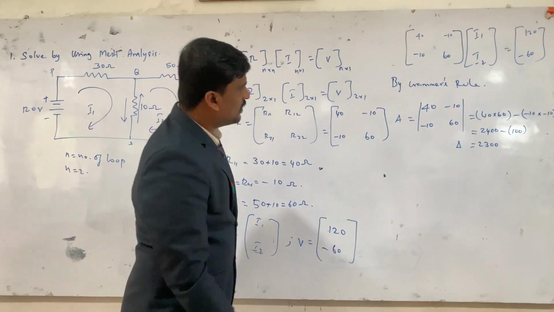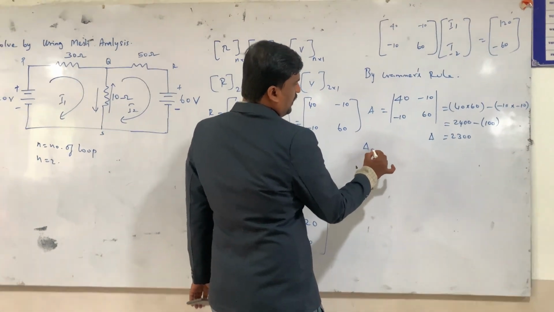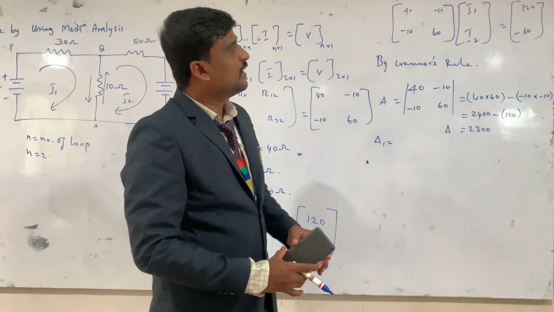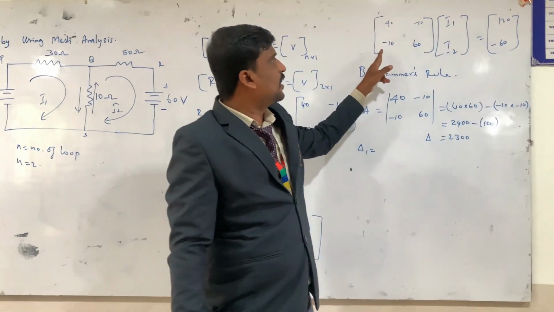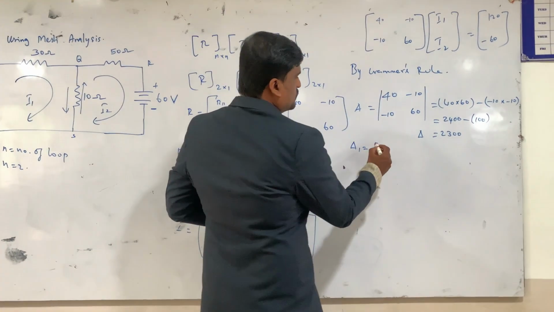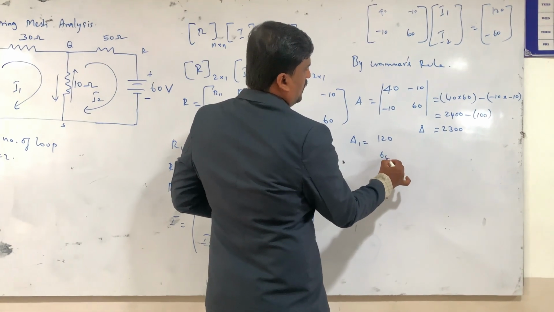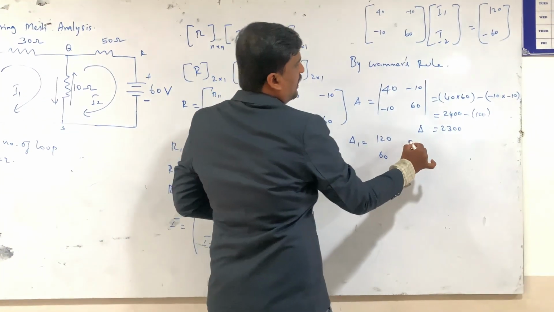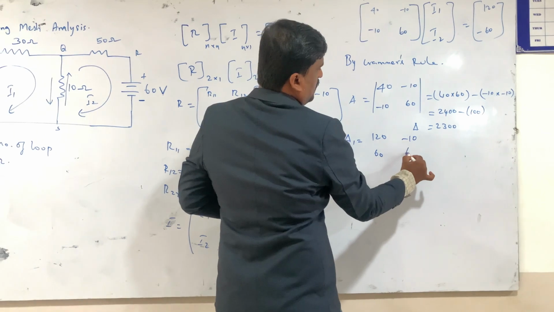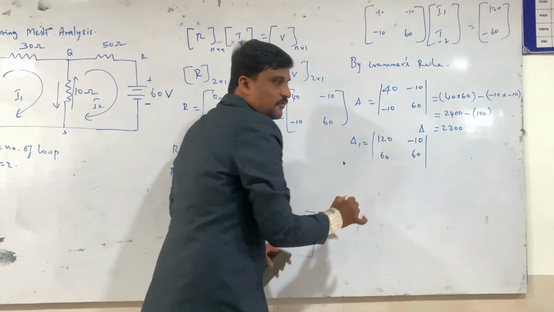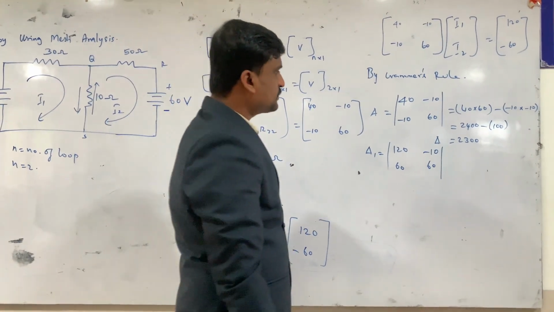Next we will find del 1. We replace the voltage values in column 1. So here it is 120, minus 60, and the second column we write as it is, minus 10, 60. We have to find the determinant for del 1.